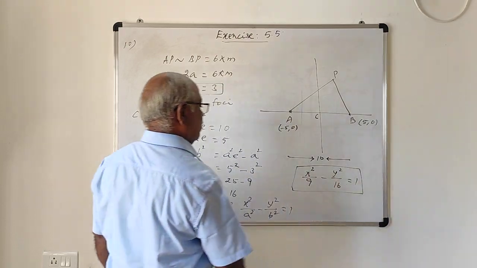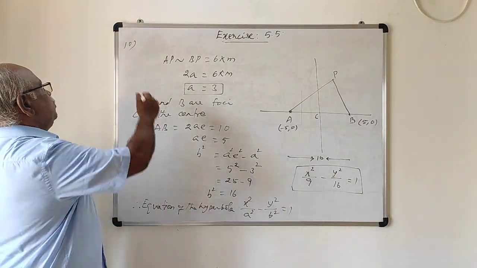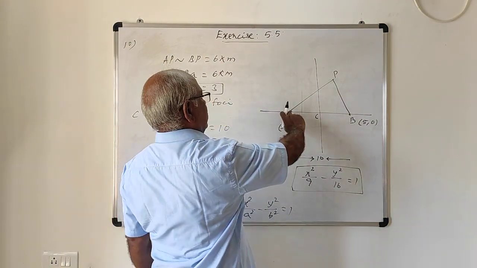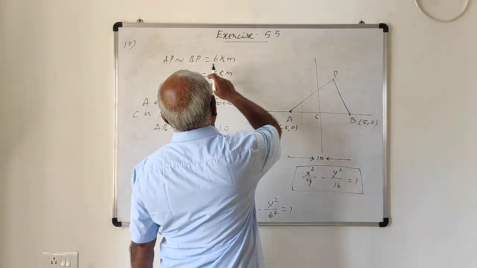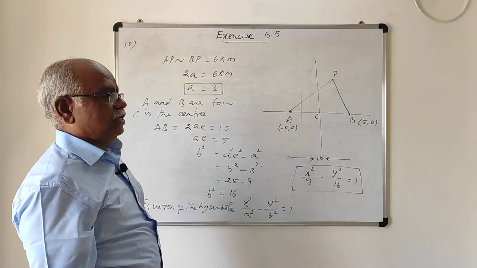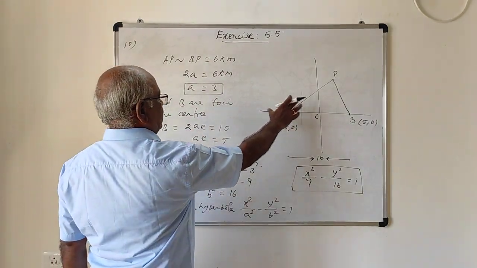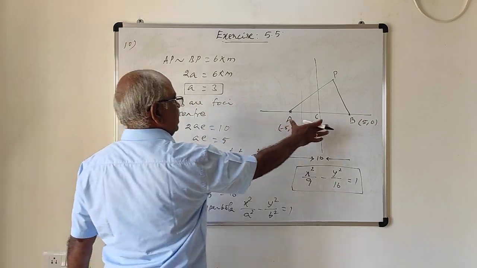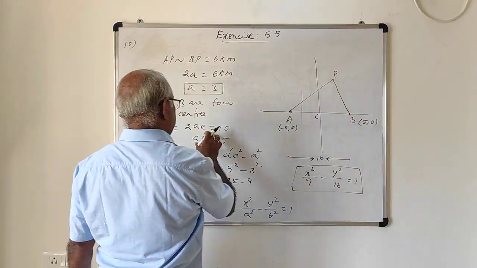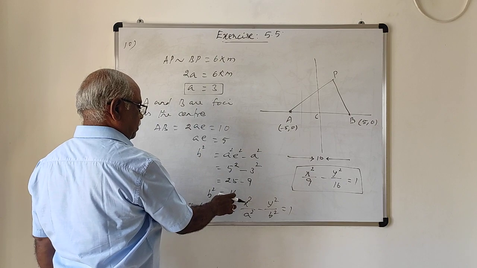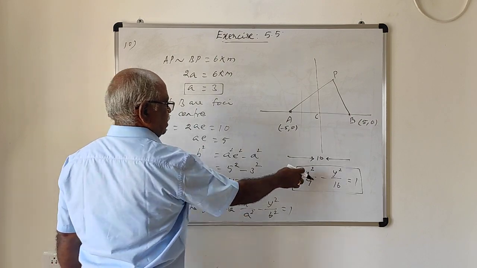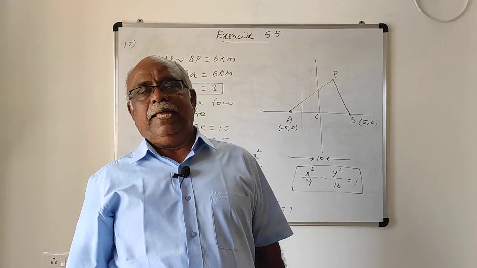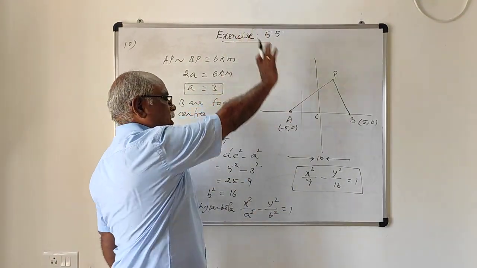That's all about problem number 10. The concept is that the difference of the focal distances of a hyperbola is the length of the transverse axis 2a. From this I got a, and from the focal distance 2ae equal to 10, ae is 5. From that I get b square is 16. Substituting here, we get the equation of the hyperbola. Thereby, I conclude exercise 5.5.